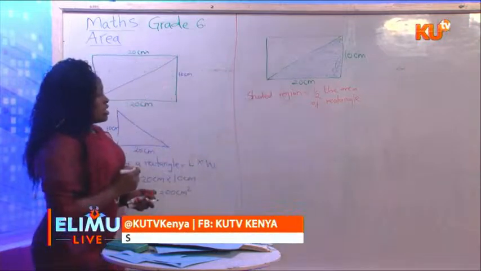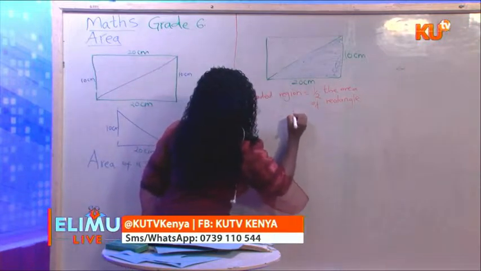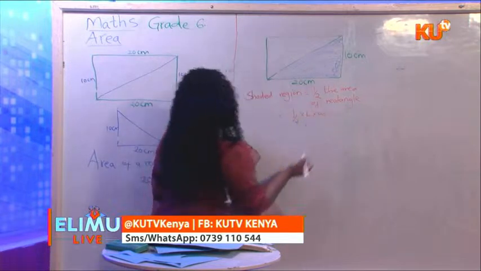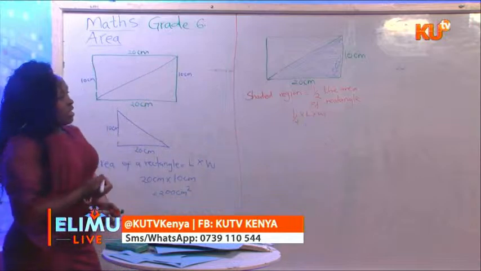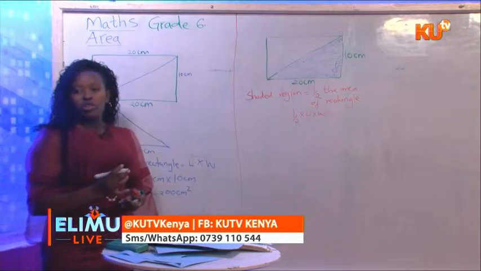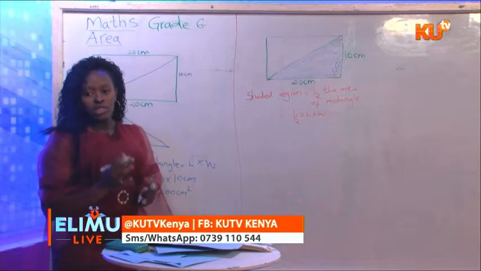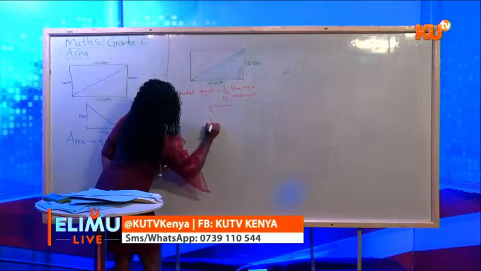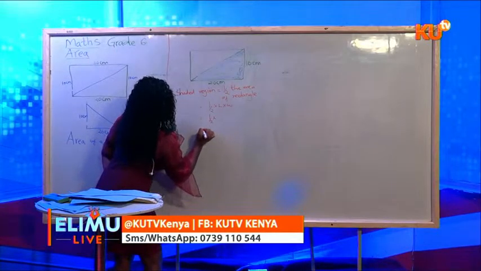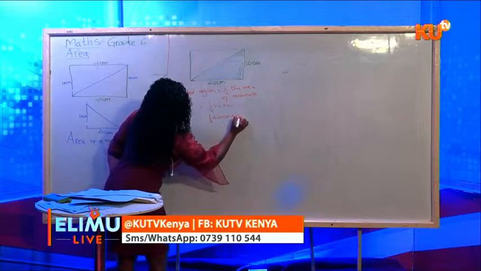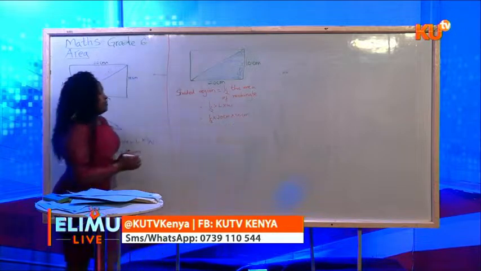So it is a half multiplied by length multiplied by width. We have our length and we have our width. So we are just going to substitute what we have. So it will be a half multiplied by 20 centimeter multiplied by 10 centimeter.